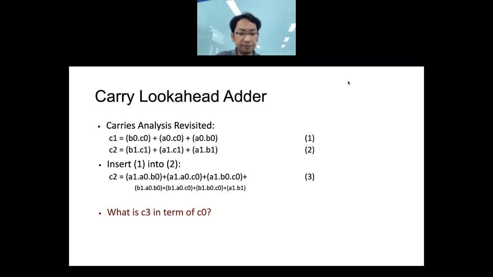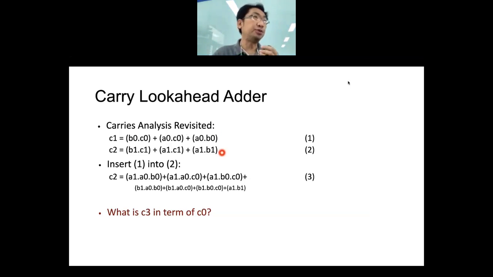You notice that we can calculate C1 without waiting at all, because all the parameters in C1 are inputs: A0, B0, C0, all of them are inputs to the circuit. So C1 can be calculated immediately. We don't have to wait.